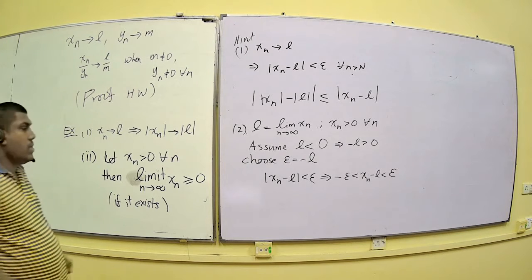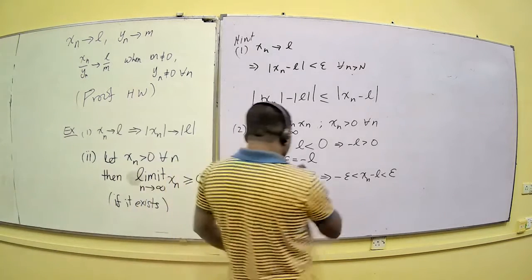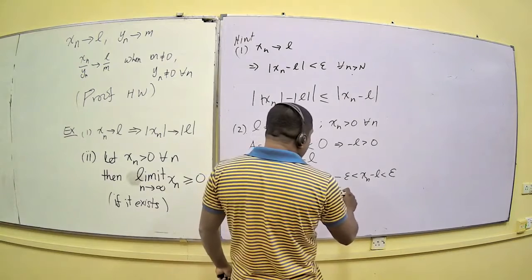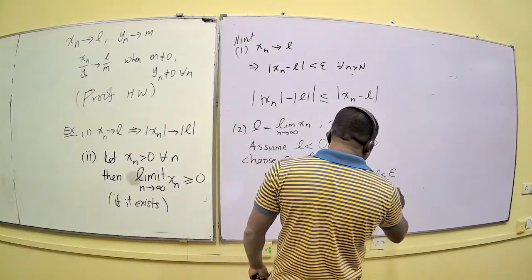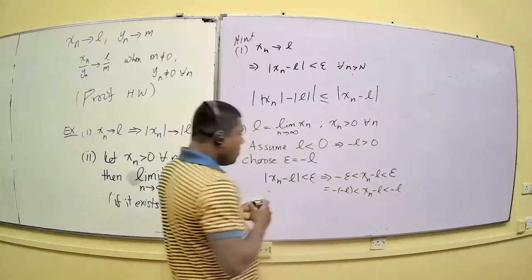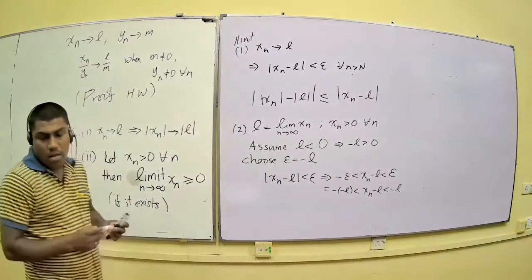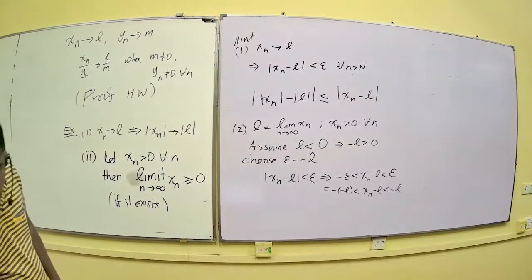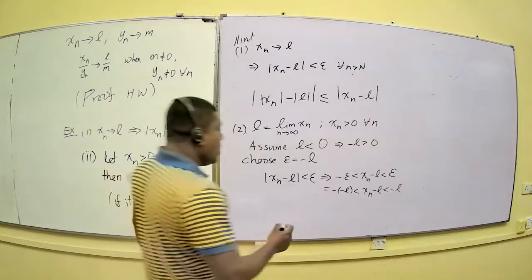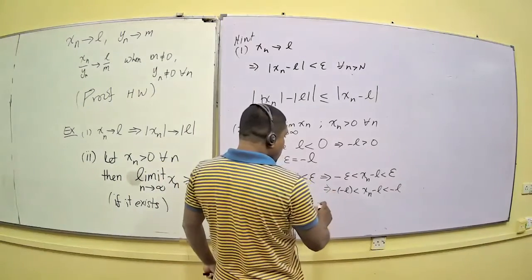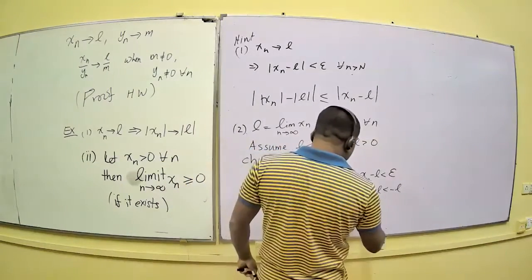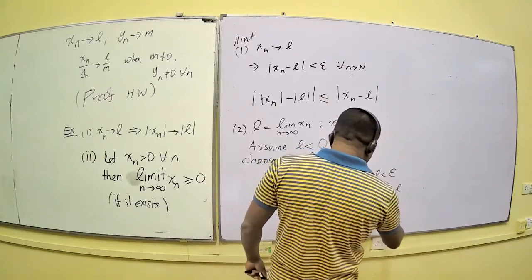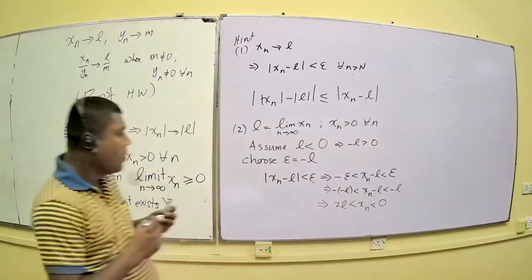So that means, with epsilon as minus L, minus of minus L is less than xn minus L less than minus L. So this gives you 2L less than xn less than 0.